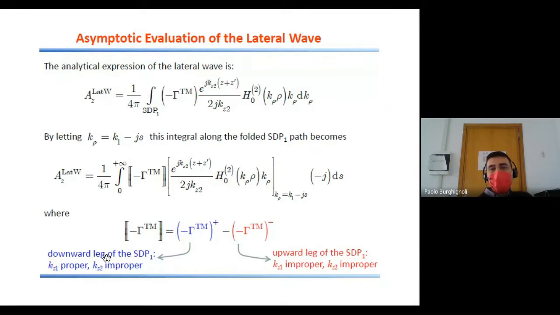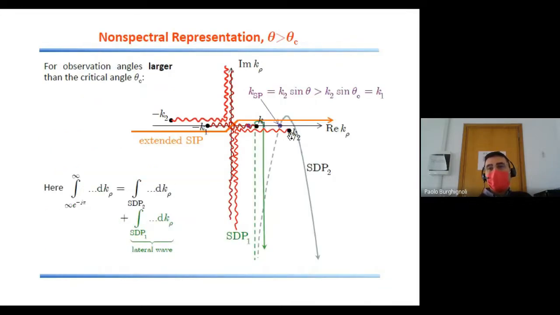That is the downward leg of the steepest descent path number 1, where kz1 is proper. That is because we are on the top sheet with respect to kz1. However, we are improper with respect to k2. That is because, as you can see, this green continuous line crosses the branch cut associated with k2. So it goes downstairs with respect to k2.